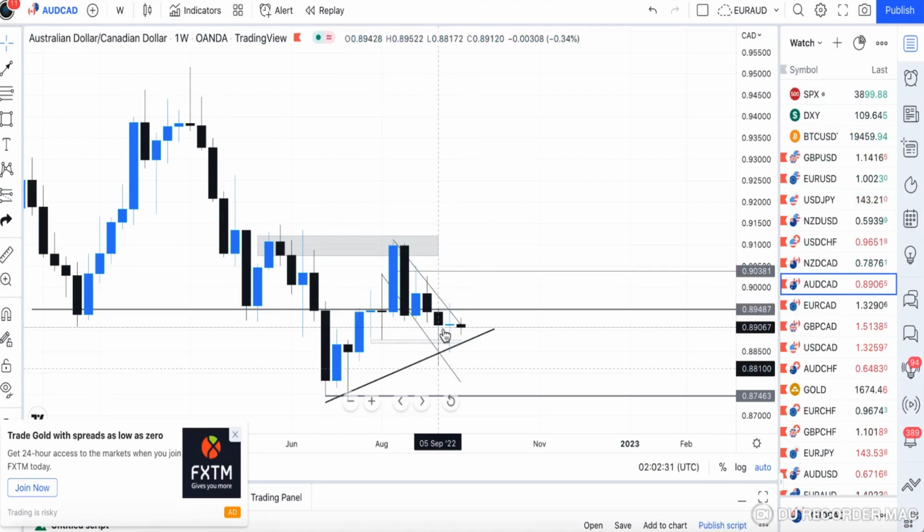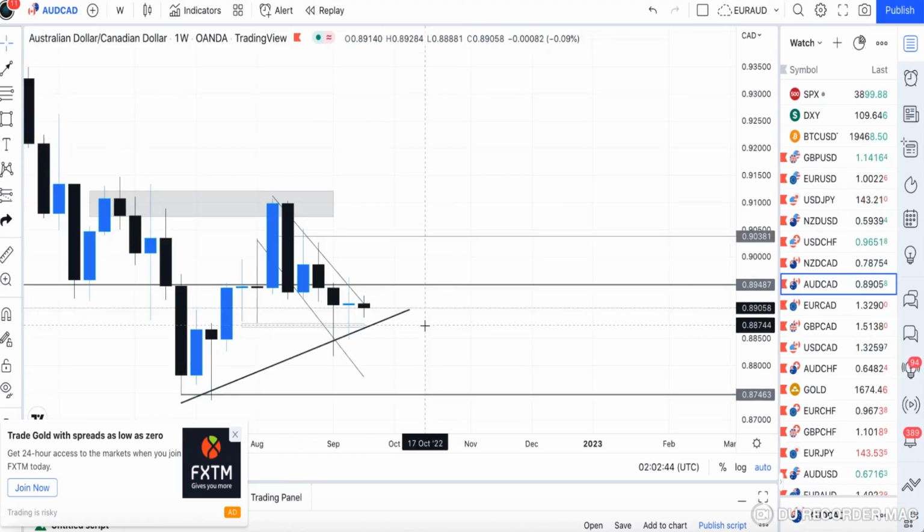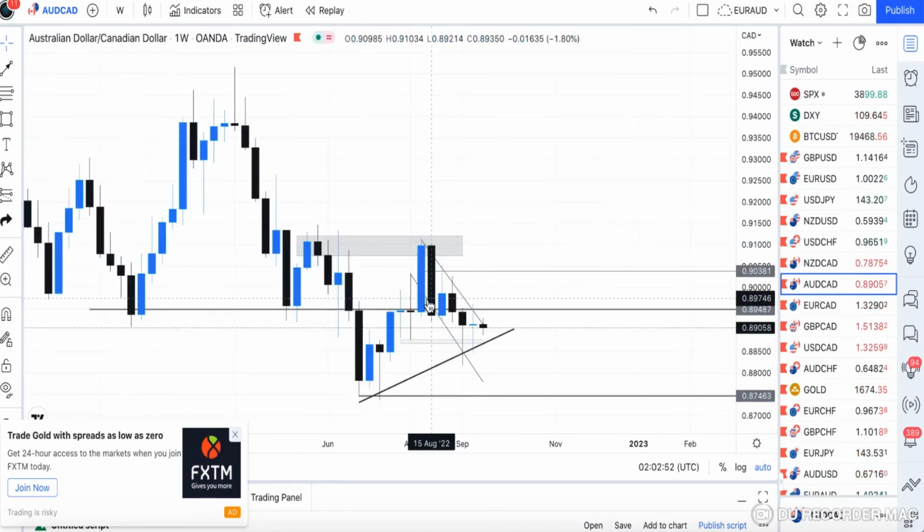Then after a series of movement to the upside, we saw a rejection of this particular candle, which forms, let's say, a weekly doji candle at this particular area. And as you all know, a doji candle is an indecision candle between the buyers and the sellers.